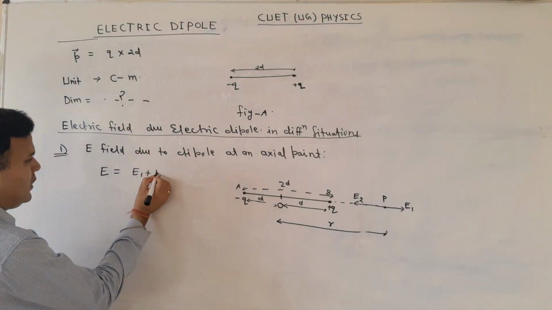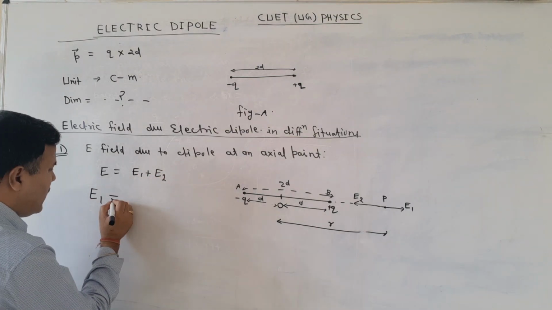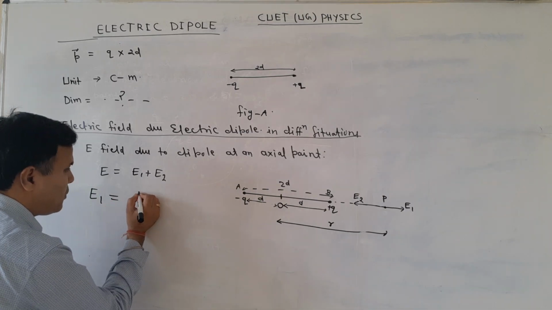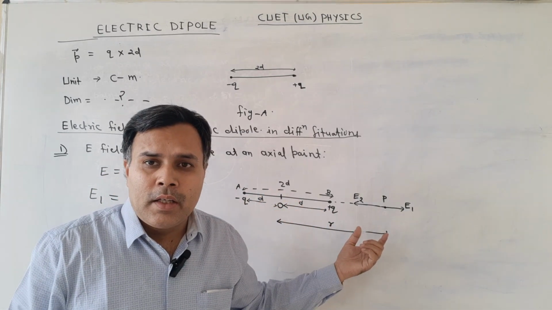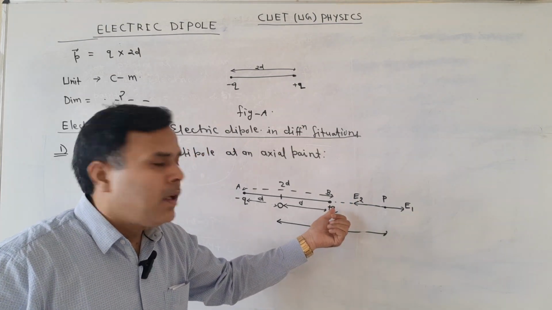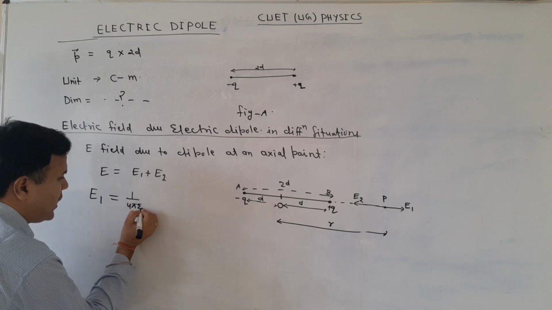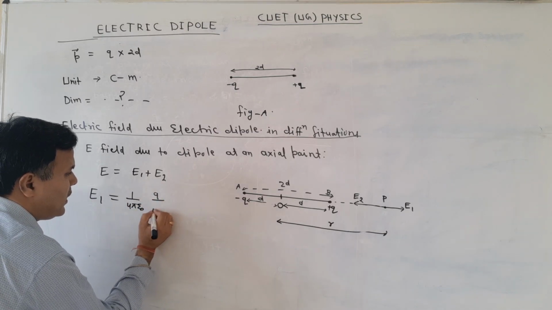Now what is E1? We know the expression of electric field due to a point charge. E1 is the electric field due to this plus charge. So 1 upon 4 pi epsilon 0, q by distance squared.